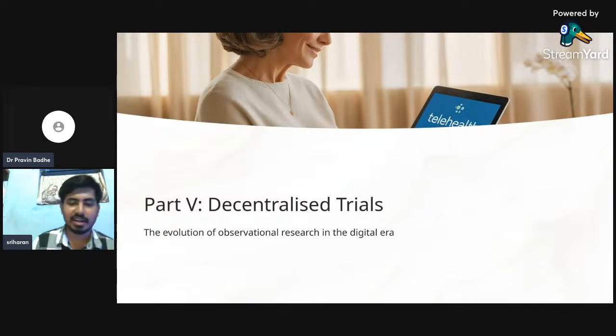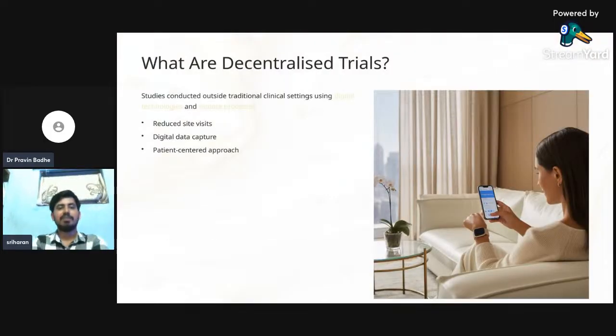Another one is the decentralized study. A decentralized study is like work from home, likewise trial from home. That is a decentralized trial. Recently, the ICH GCP E6(R3) update, which should be published in January 2025, covers a lot about decentralized trials.